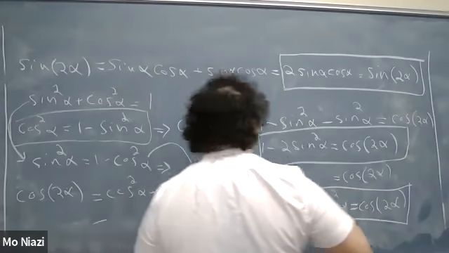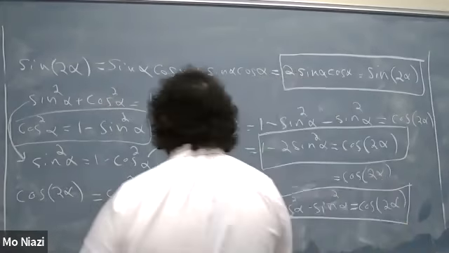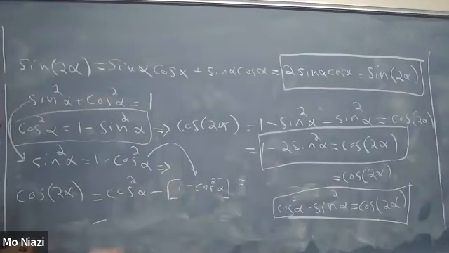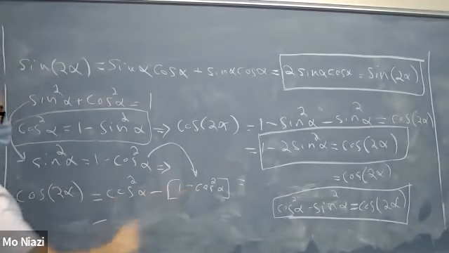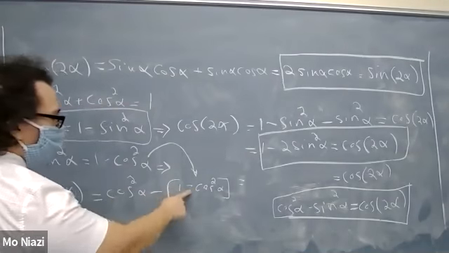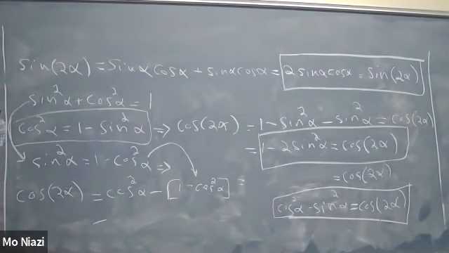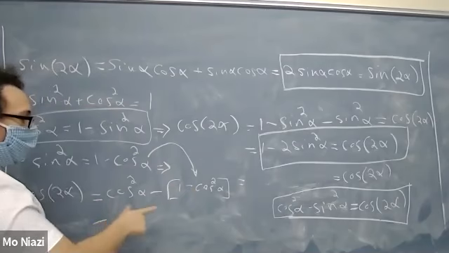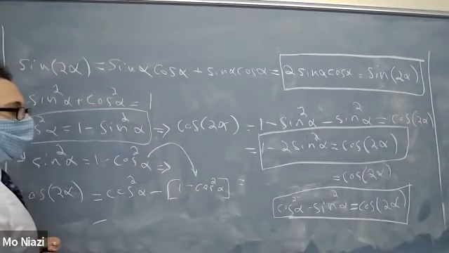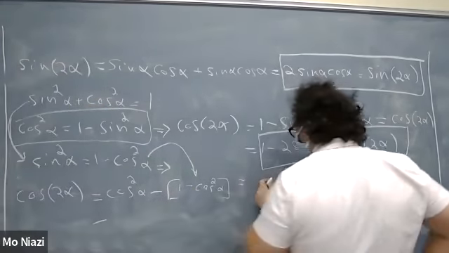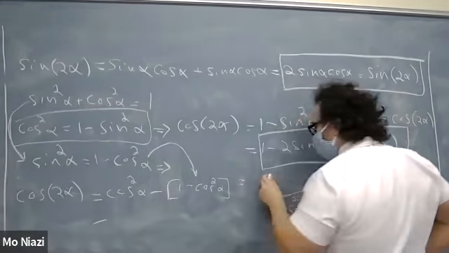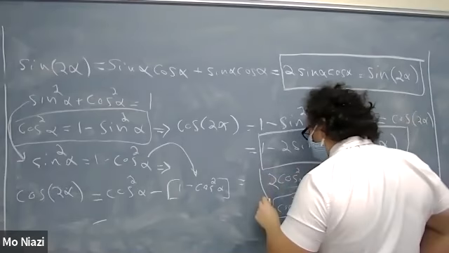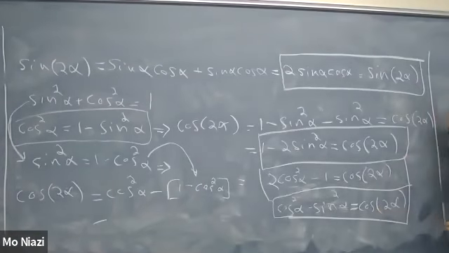So notice that once the negative distributes, this becomes a minus 1 and that becomes a plus cosine squared alpha. So it's cosine squared alpha plus cosine squared alpha minus 1. So that's 2 cosine squared alpha minus 1. And this is our third equivalent expression for the cosine of 2 alpha.